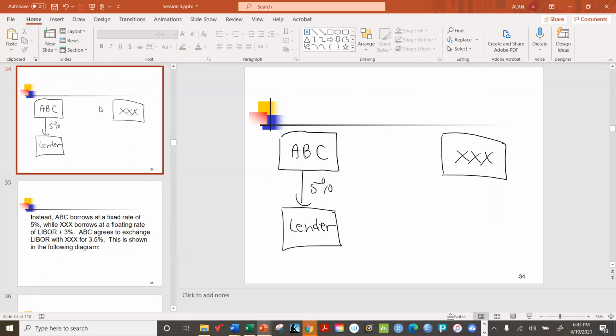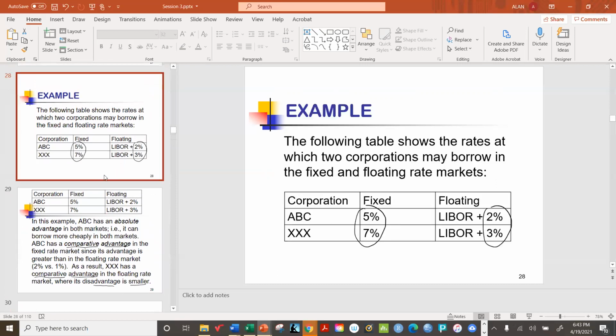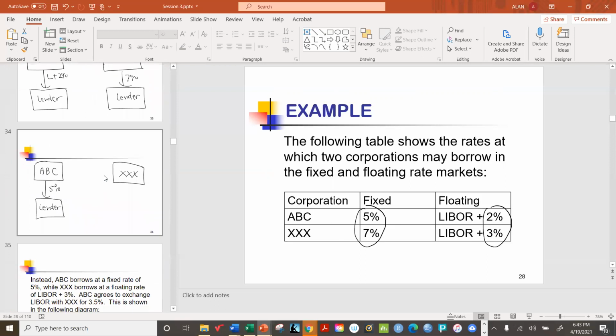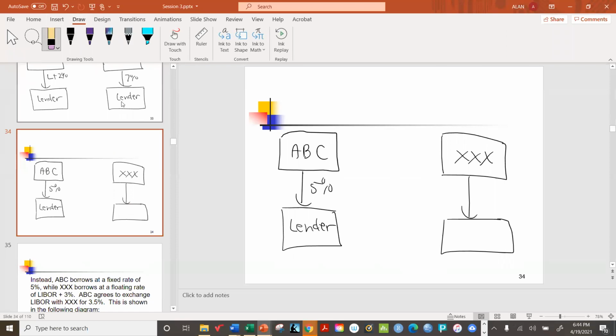XXX goes to the floating rate market and borrows at LIBOR plus 3. Oops, sorry, this is supposed to say lender. And this is LIBOR plus 3.